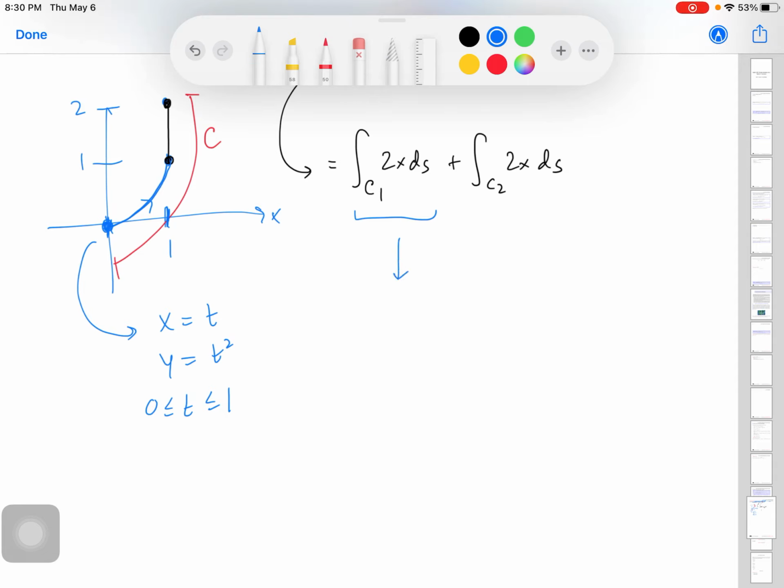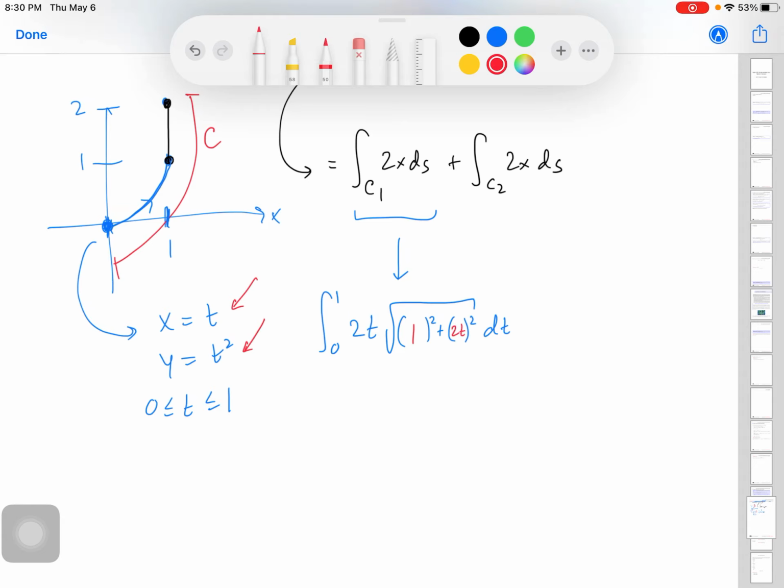So I can therefore write down my first integral. This is the integral from 0 to 1 of 2 times x, which is t, and then ds. So this is the square root, dt, of the sum of squares of the derivatives. If I look here, dx/dt is 1. If I look here, dy/dt is 2t.